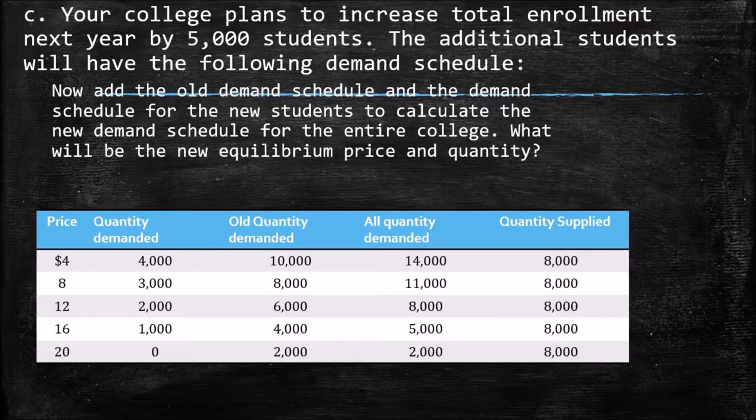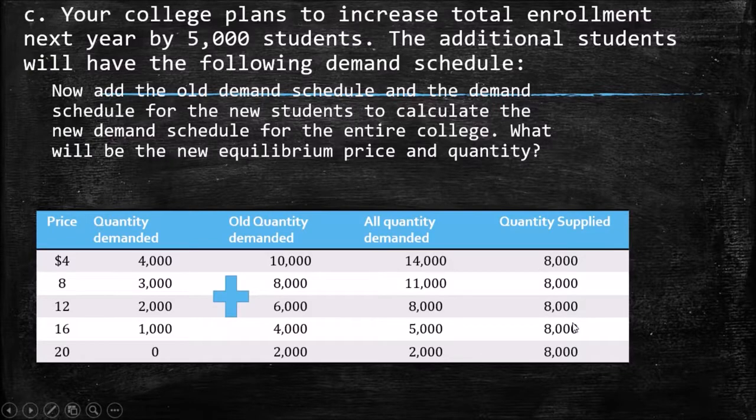So here we have the table with the old quantity demanded, and here we have the quantity demanded now. As you realize, if we sum both, we have the new quantity demanded, and here is the quantity supplied.